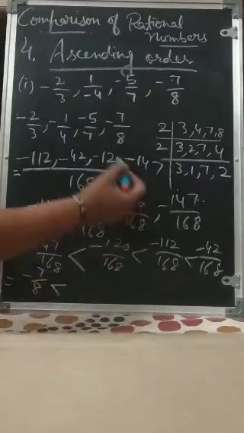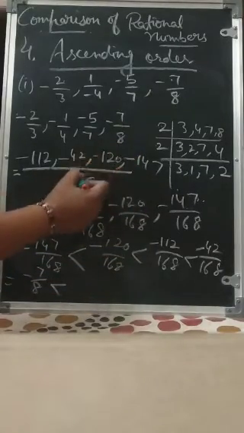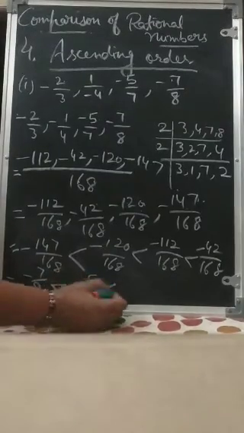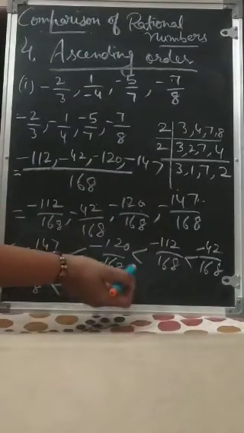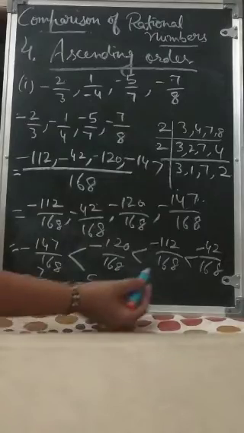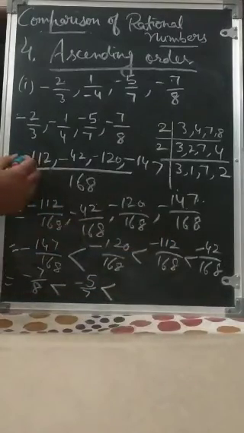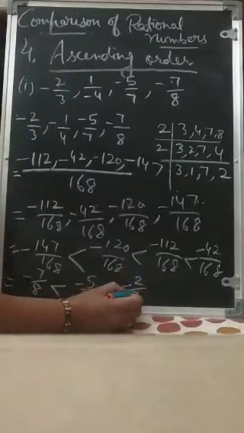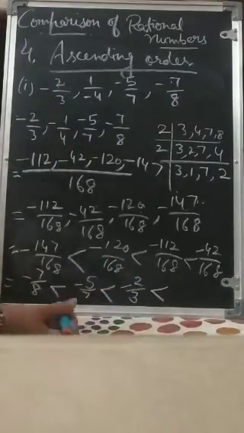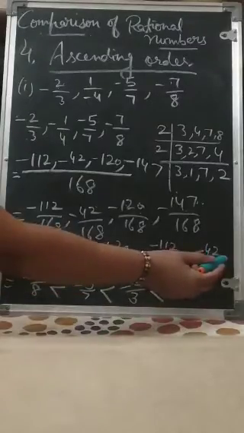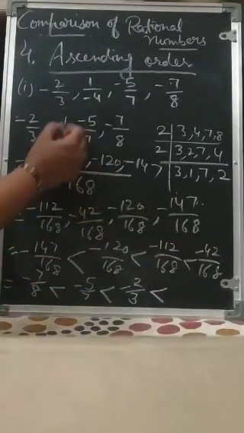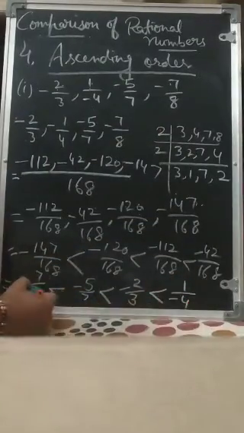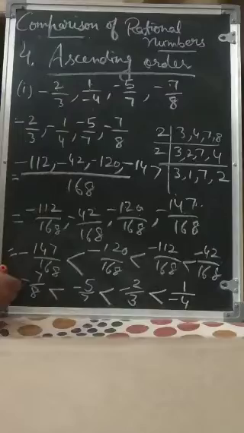Minus 120 here, and instead of this, we will write minus 5 by 7. Now afterwards, which number is coming? Minus 112. 112 means this rational number, minus 2 by 3. This is smaller than. Afterwards, last our minus 42. Minus 42 means this one, 1 over minus 4. So this is our final answer in ascending order.